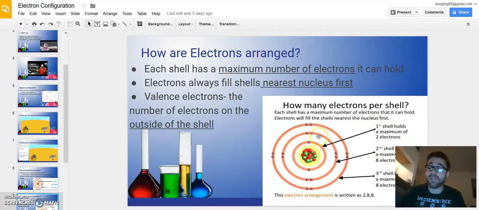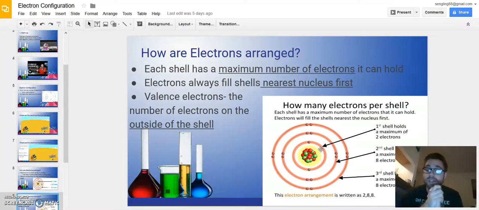They don't always have to fill all the shells, but whenever the shells are being filled, we always start with the shell closest to the nucleus first. When these 2 electrons are filled, then we go on to the next shell. When this shell is full, we go to the next shell. Electrons always fill near the nucleus first. The first shell is always filled first. That's how it works every time.